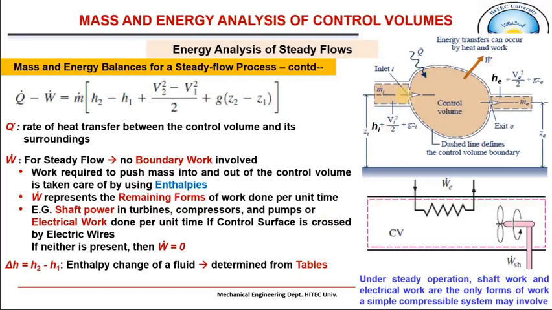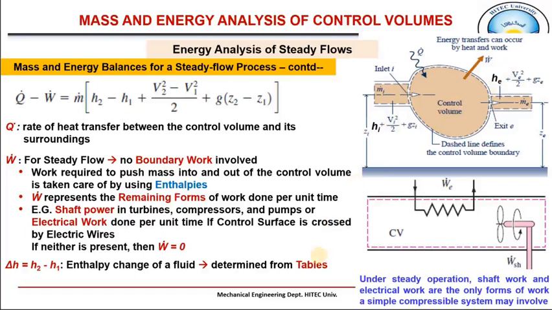If the working fluid is steam or some other fluid, we can find this enthalpy with the help of other intensive thermodynamic properties. At least we need two independent intensive thermodynamic properties to calculate this enthalpy. So we already know how to calculate this enthalpy using tables, right?